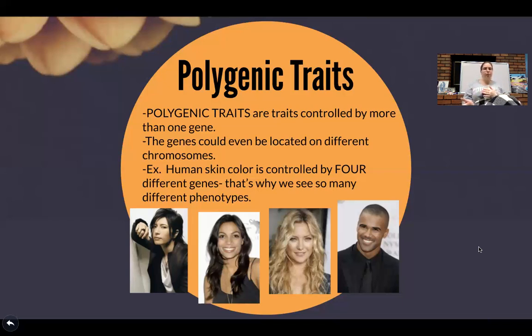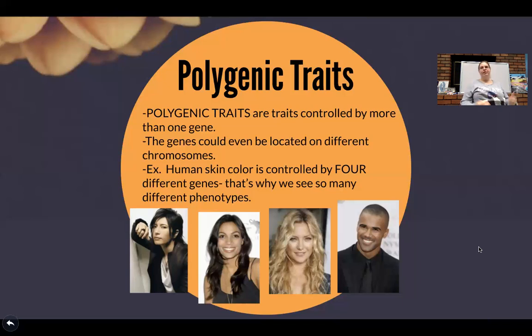There could be multiple alleles. There could be any number of differences. So then looking at how these incomplete or codominant, plus we have something called epistasis, which we're not going to get into in biology, but it's there. Sex-linked versus multiple alleles.